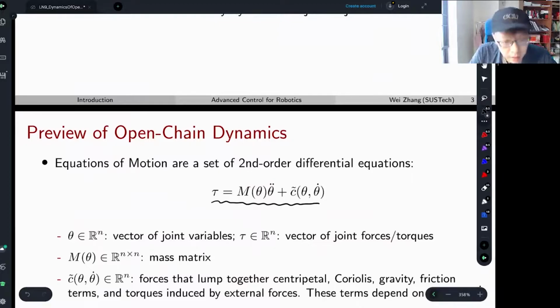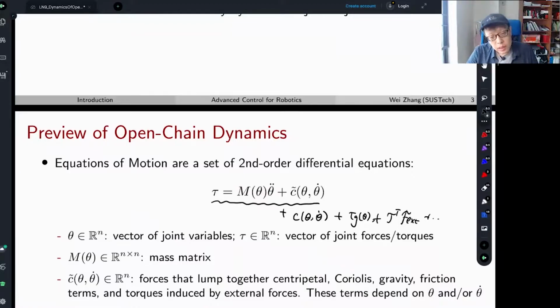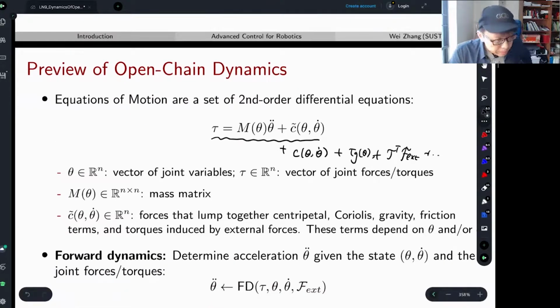It can be rather general, because sometimes you will see C of theta dot, the Coriolis term, plus tau of g, plus J transpose F external, plus whatever terms may make sense in your particular application. I don't want to derive every single case, but let's derive one case so that you know how to deal with the more general case.